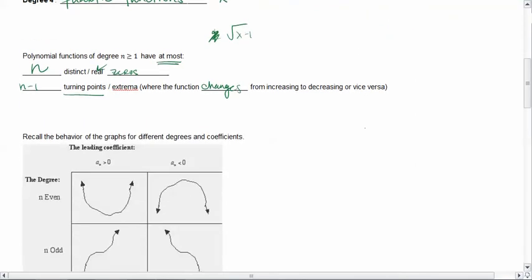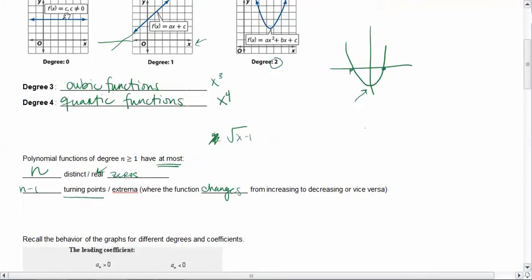And this goes on and on. So for x cubed, you might have 2 turning points, or some 3x cubed plus 5x plus 4 or something like that, you might have a situation like this, where you cross the x-axis at 3 points, that's the highest you can cross, and you have 2 turning points.